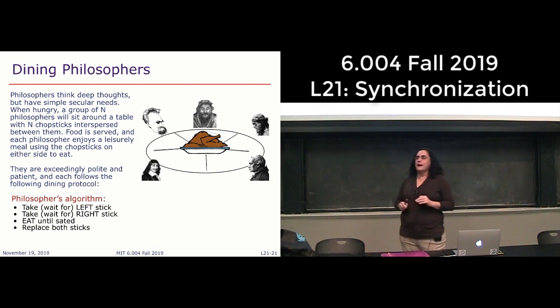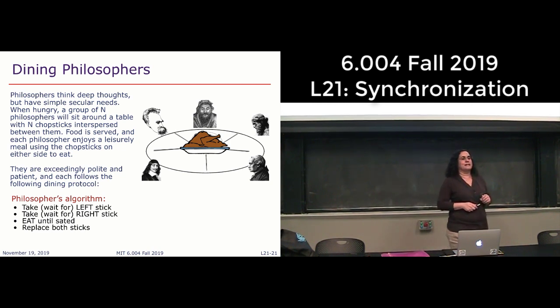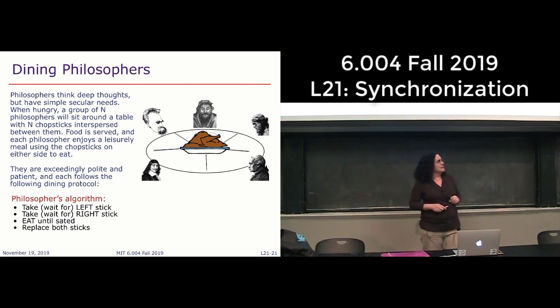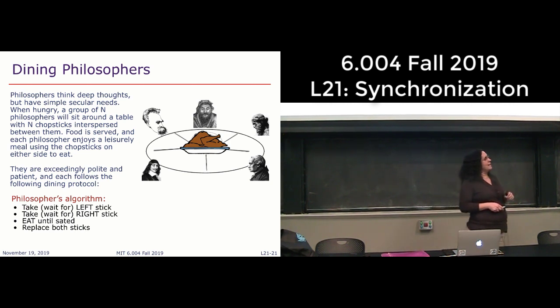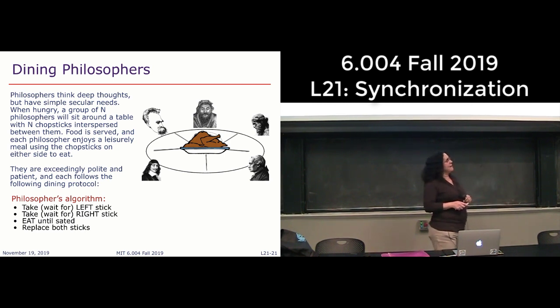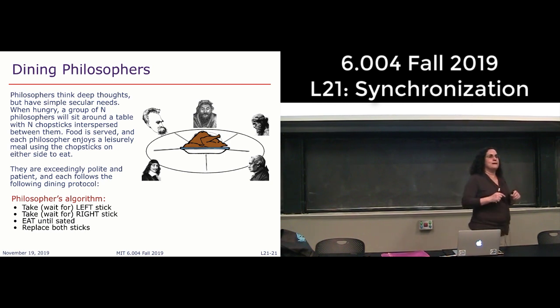And they all follow very careful rules about what they need to do before they get to eat. The rules are as follows. They're first going to take or wait for their left stick. Then, if they got the left stick, they're going to take or wait for the right stick. And then once they have both of them, they can go ahead and eat until they're done. And then they put both of the chopsticks down.